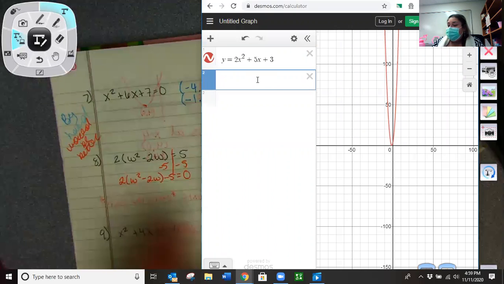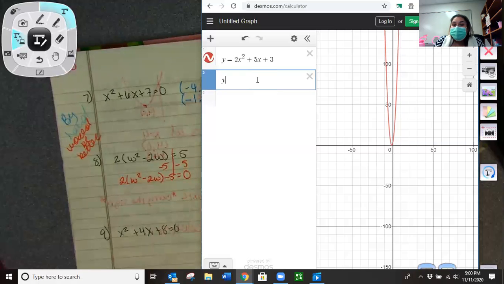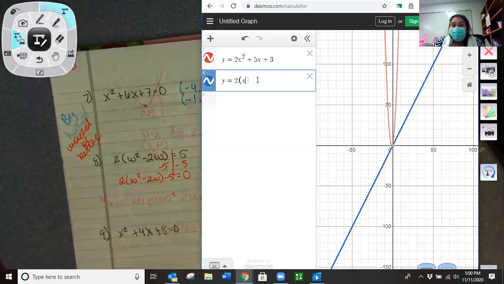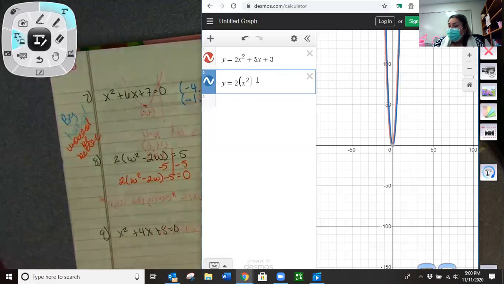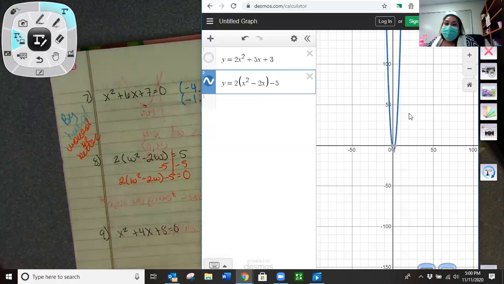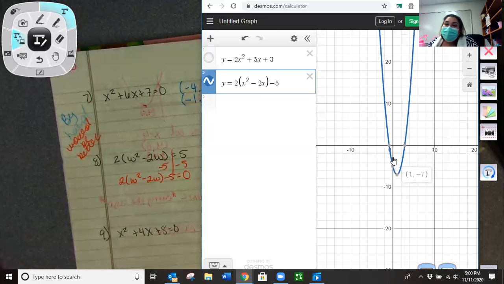So because I have a 0, right, then I know I can just hit y equals 2 times x squared minus 2x, parentheses, minus 5. So let's turn this one off. Oh, notice I used x's instead of w's. It's just a variable. We know it's the same thing, right?